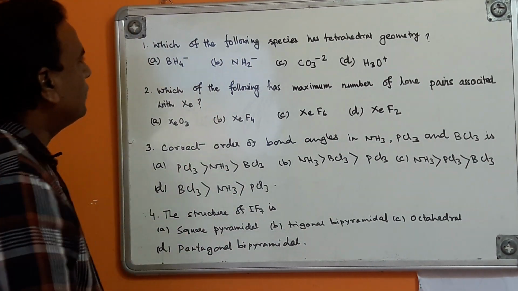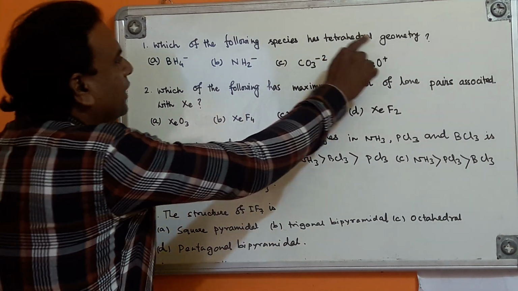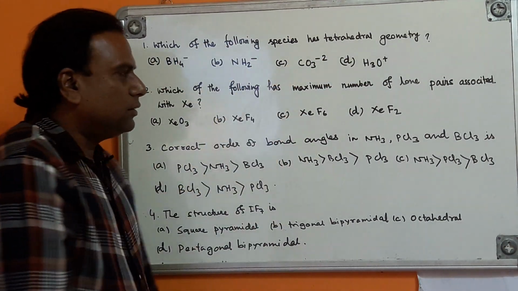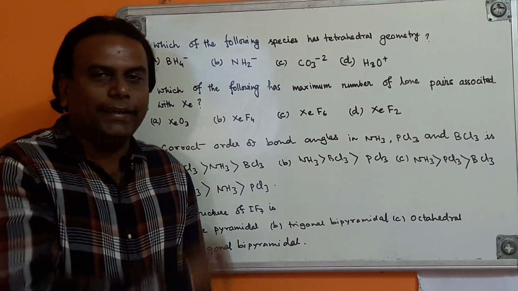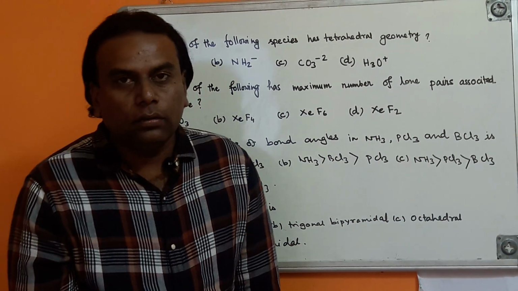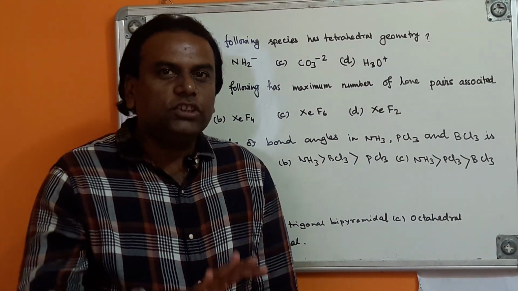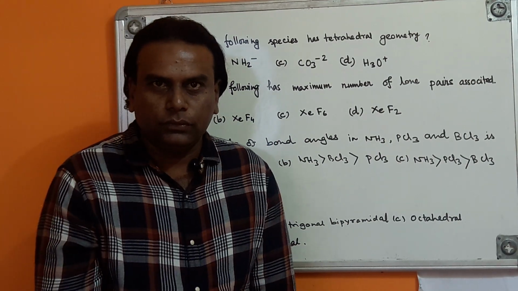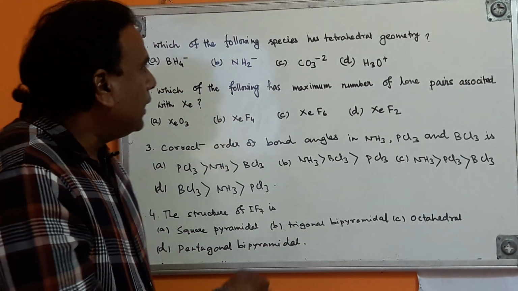My first question is, which of the following species has tetrahedral geometry? I have 4 options. To make a tetrahedral geometry, the central atom requires 4 atoms surrounding it.